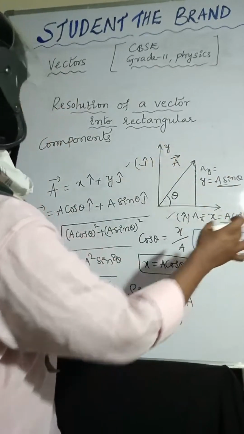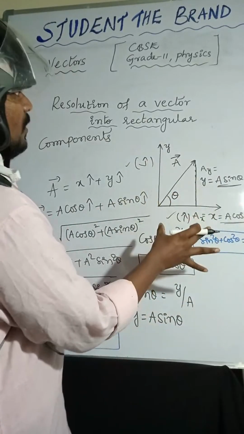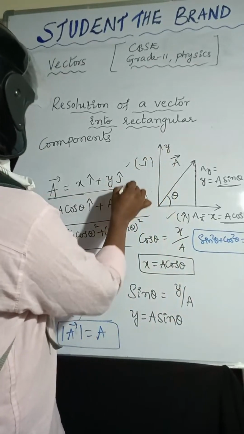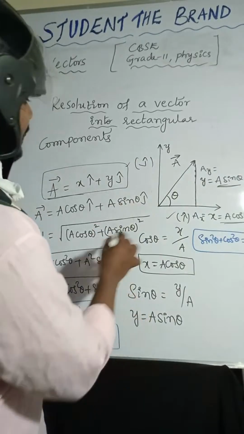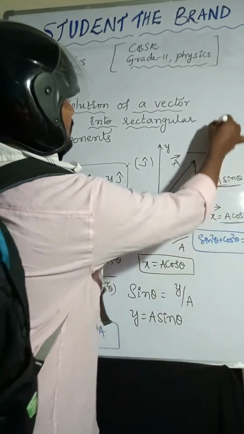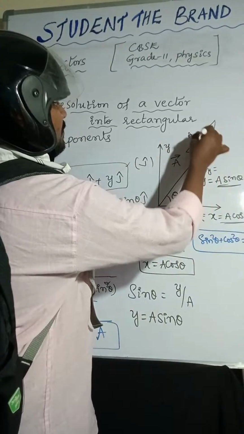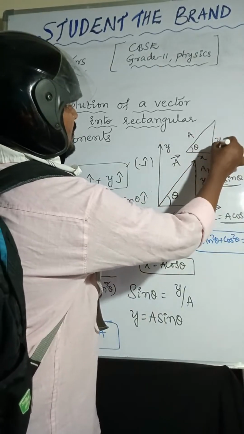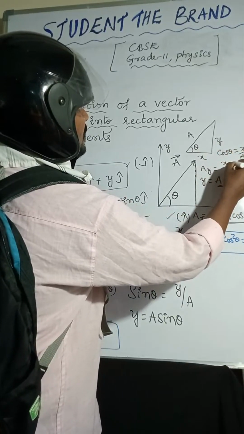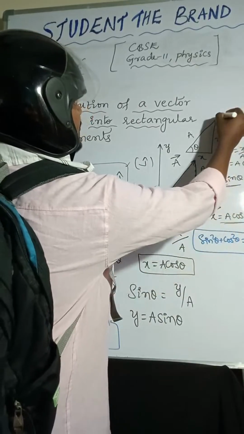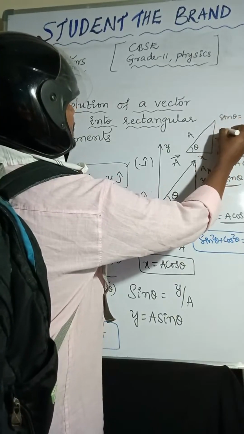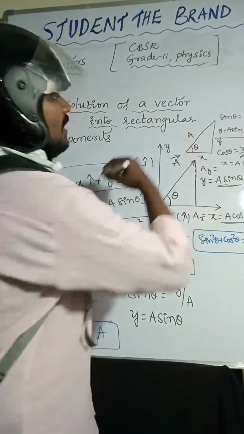If you are resolving the component along the x-axis and y-axis, a bar equals x i cap plus y j cap. From the right angle triangle, with theta here and components x and y, cos theta equals x by a, so x equals a cos theta. Sin theta equals y by a, so y equals a sin theta. I hope it is very clear to you all.